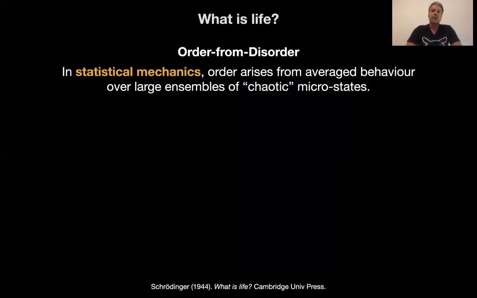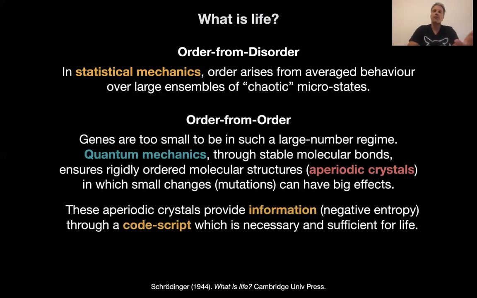And so the only thing he had was statistical mechanics, where you look at a gas and the order arises from the average behavior of large ensembles, large numbers of chaotic microstates, where most of the details about the microstates don't matter. Okay, so you get order because there's a large averaging effect over really large numbers.